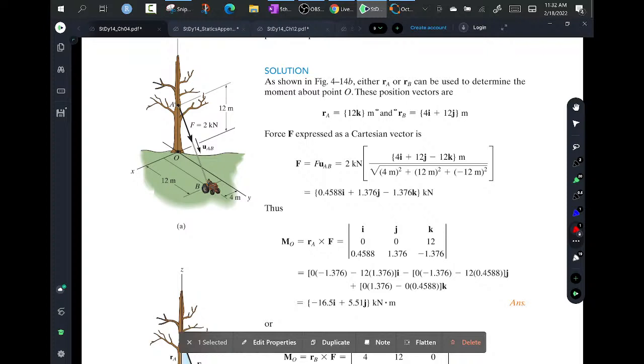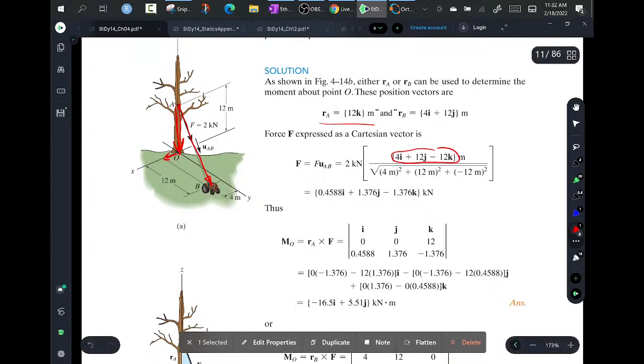He drew your RA up to this point A, then he found the vector which drew itself from A to B. So again, the way I like to do things is, I go down 12. Now I have made mistakes on this before.